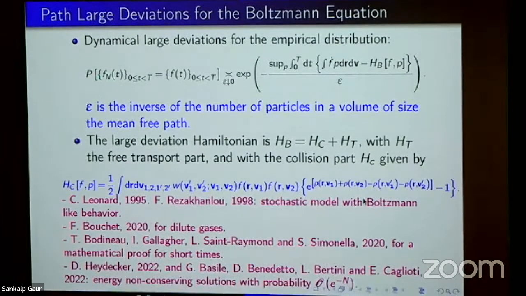So the probability that Fn is equal to F is given by this formula with this Hamiltonian and this Lagrangian and this action, right? Once you have this formula, you can compute any relevant quantity that you are interested in, as we did before. So at this stage, it describes everything, right?